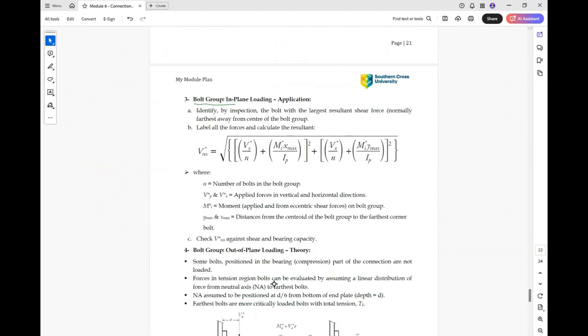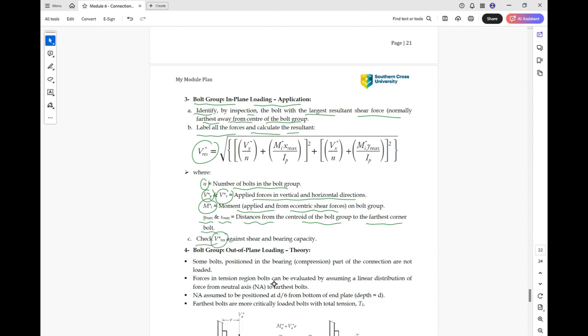For the application of the bolt in-plane, identify by inspection the bolt with the largest resultant force, normally the farthest away from the center of the bolt group. Label all the forces and calculate the resultant. So the resultant will be as that. N is the number of bolts, Vy and Vx are the applied forces, Mi is the moment applied from the eccentric shear force, and Y max and X max are the maximum distances from the centroid to the farthest corner bolts.